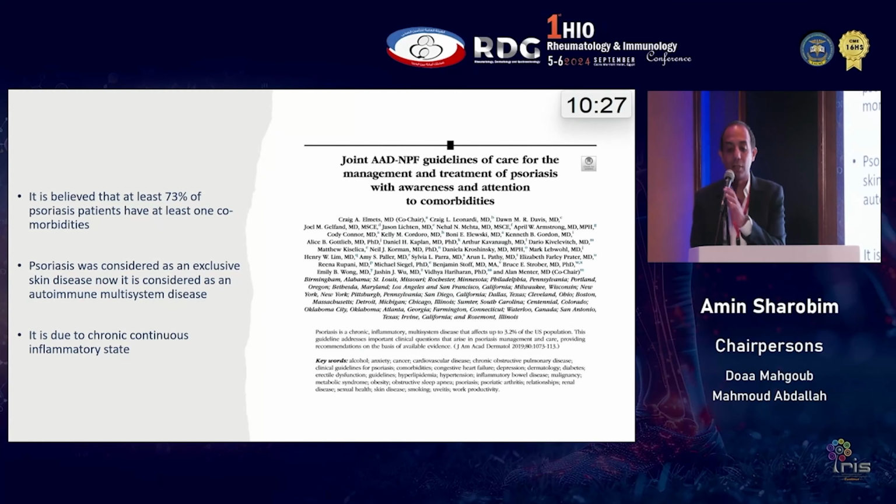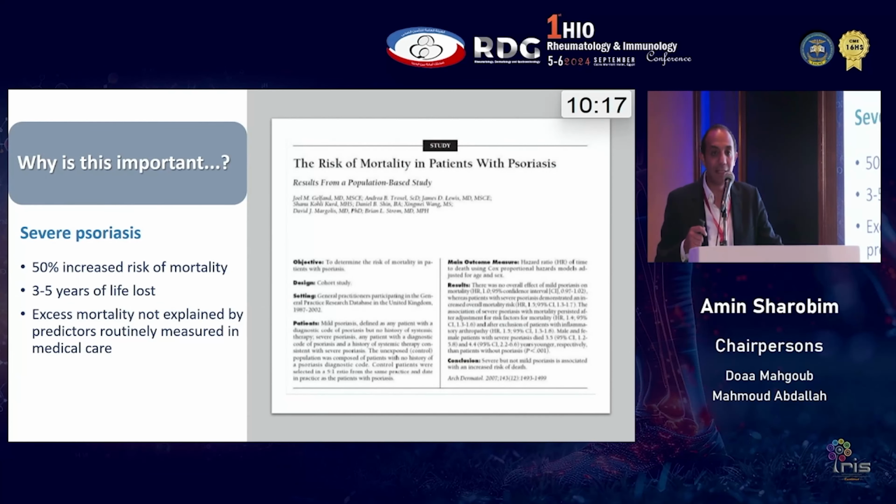We believe that at least 73% of psoriasis patients have at least one comorbidity. And psoriasis, as we said, is not only a skin disease, it is a systemic disease. And we have a 50% increased risk of mortality in severe psoriatic patients.